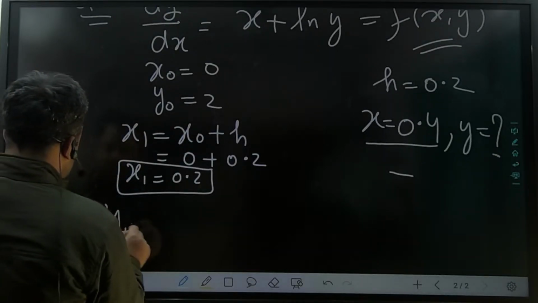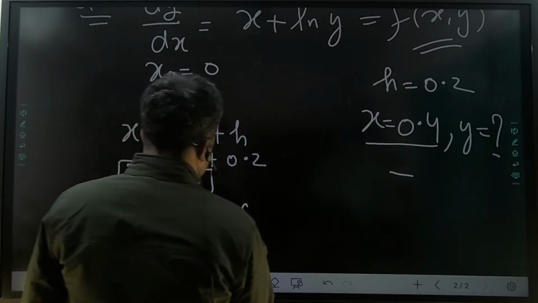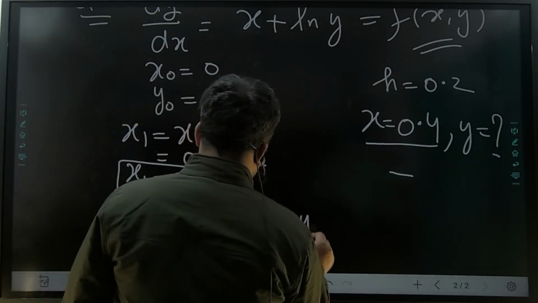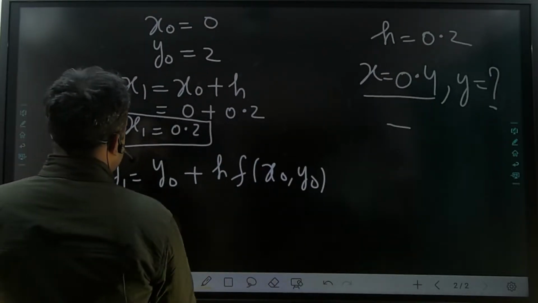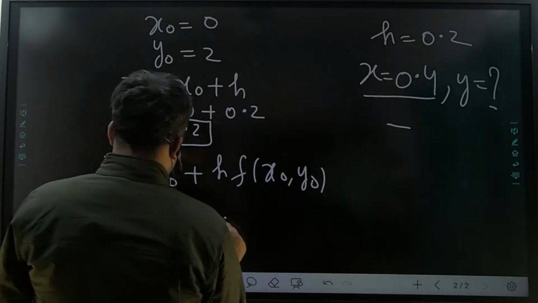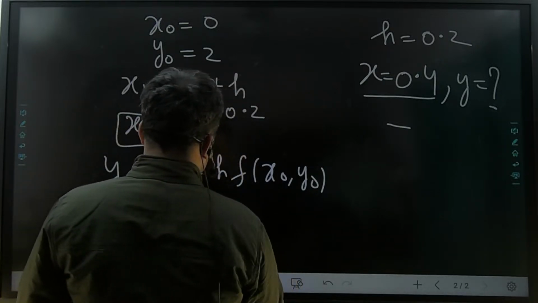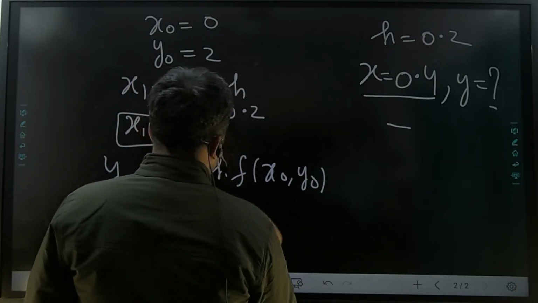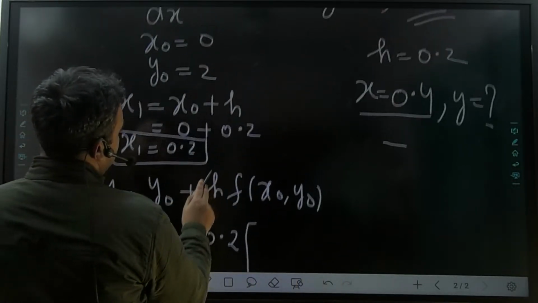So y1 is equal to y naught plus h multiplied with the function value at x naught and y naught. Right. Now y naught is what? y naught is equal to 2. H is 0.2. Now function value you have to keep when x is replaced by x naught, y is replaced by y naught.